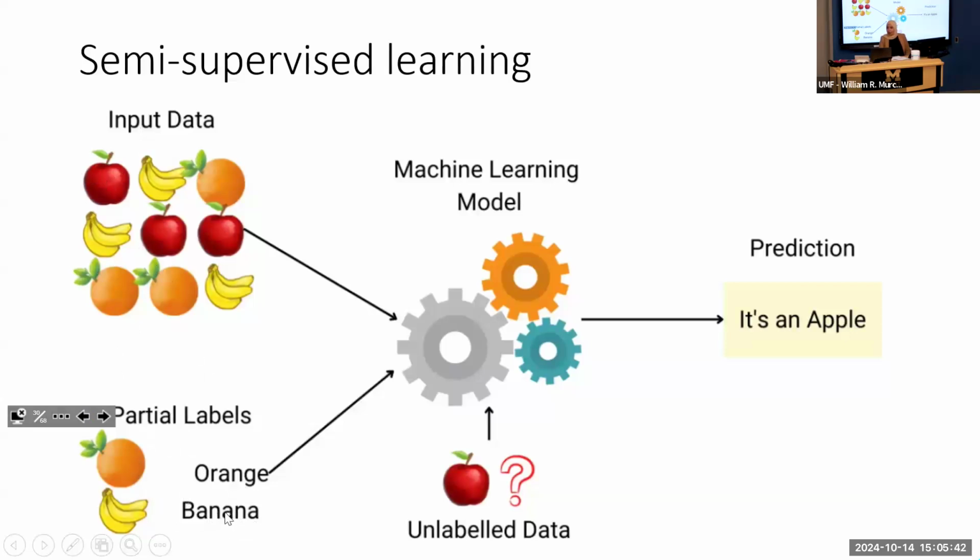So this one is unlabeled data because I cannot find it in the list of labeled data. What to do is we are going to feed the model the knowledge that we have about some of the labels and the whole data set containing some elements that are unlabeled. And here the machine learning model is going to learn from both the labels and the data which is not labeled to make predictions. If I give it something, it's going to guess, okay, this is an apple, right?